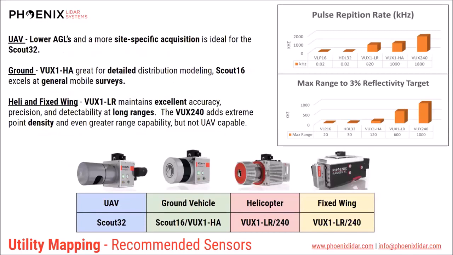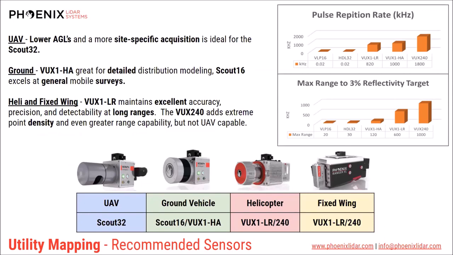So we've recommended a few sensors from our portfolio that you can see at phoenixlidar.com under the products tab. We've broken this up into a few different platforms, a few different approaches towards the utility mapping industry. For UAVs, we highlighted the Scout 32.